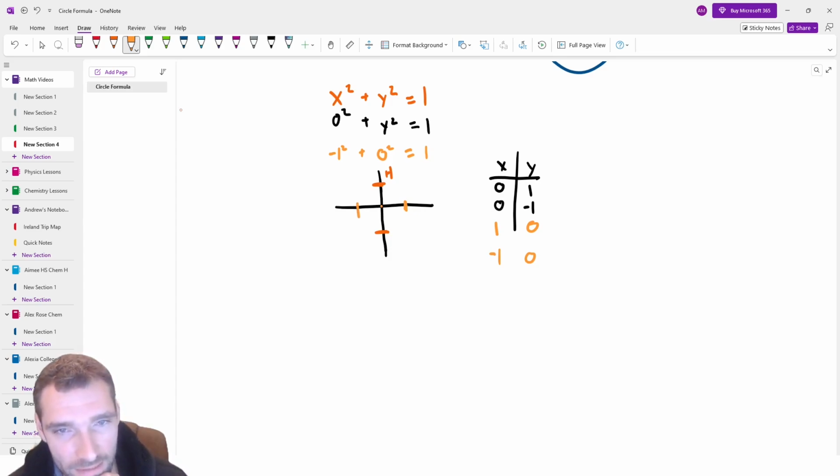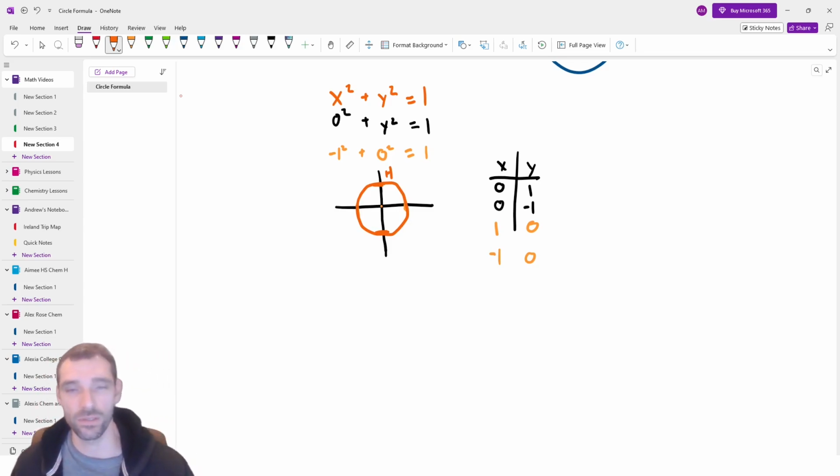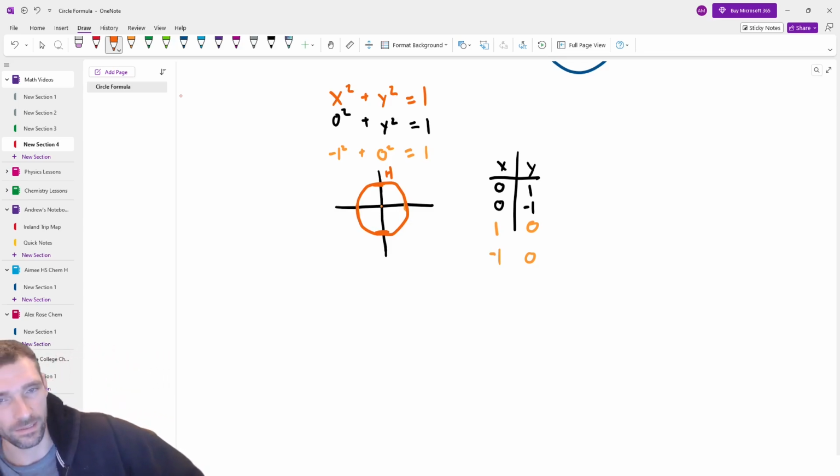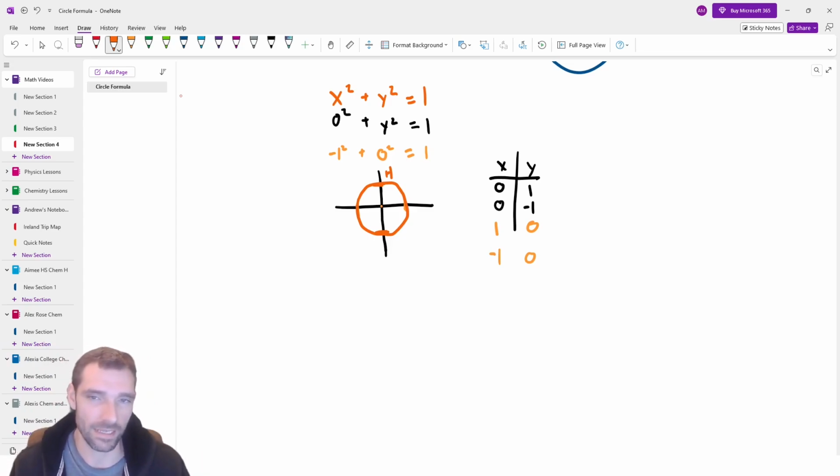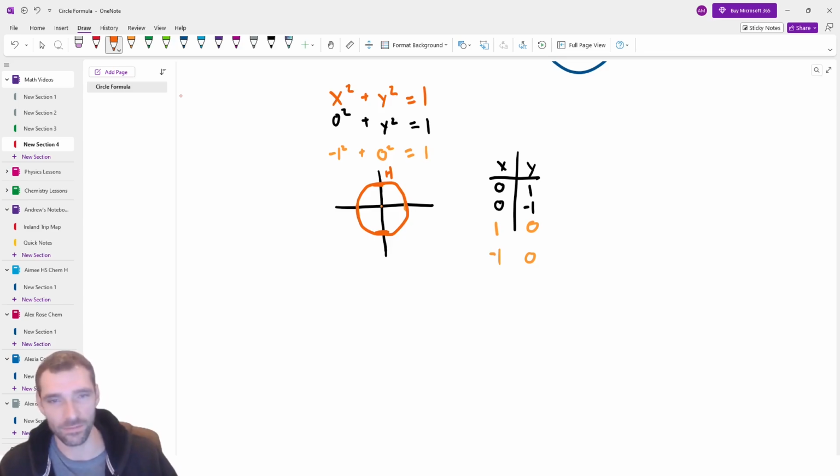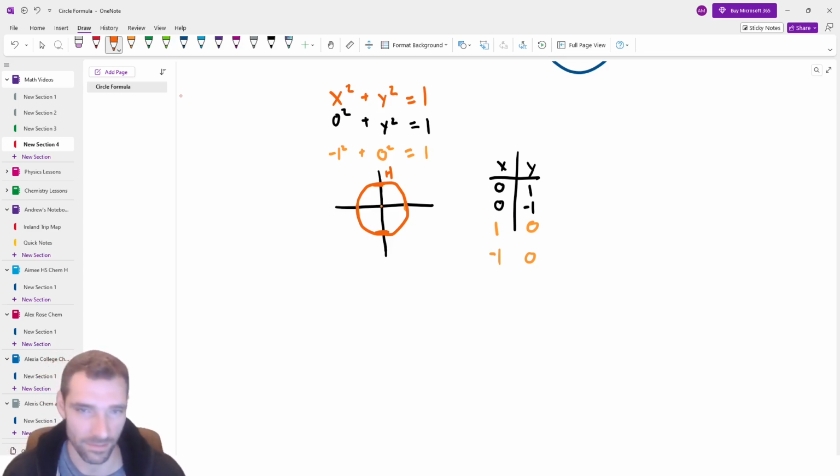So you can see that this solves for these four values. This circle is running through those values at that distance. So you can think about this as guess and check. And that radius is telling you that you have to be a certain distance away from the center of the circle.